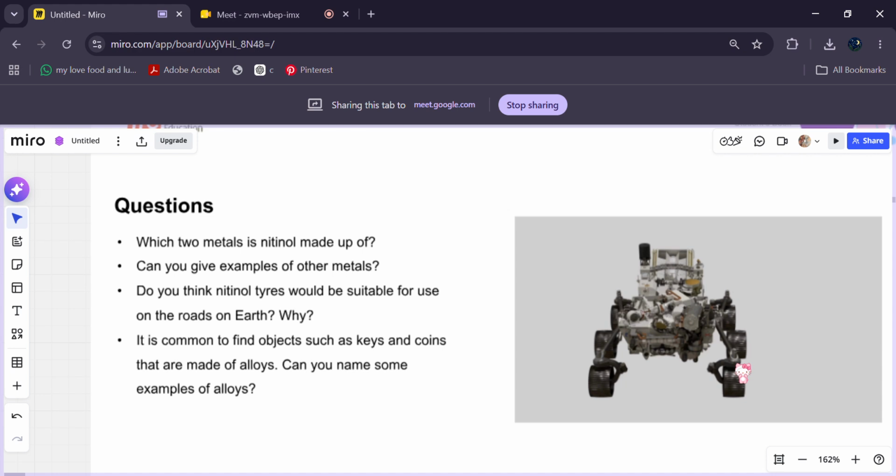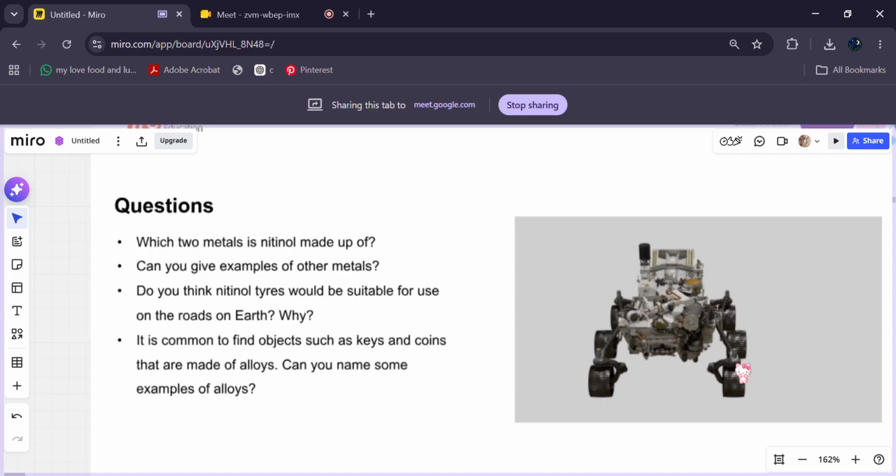It was difficult to replace the tires on Mars, so a new type of tire was needed, and that led to the development of nitinol, which is an alloy of nickel and titanium. We'll learn about alloys later in this chapter.